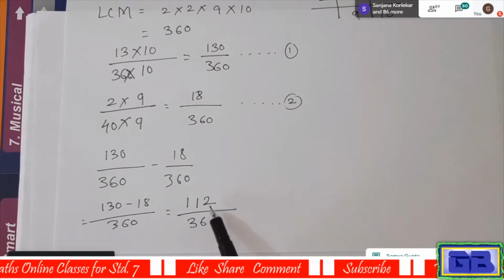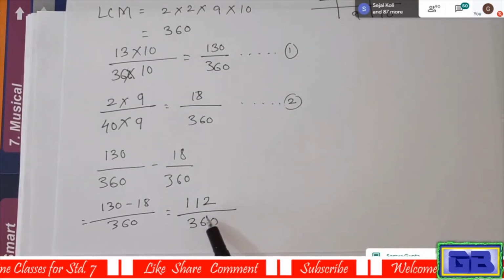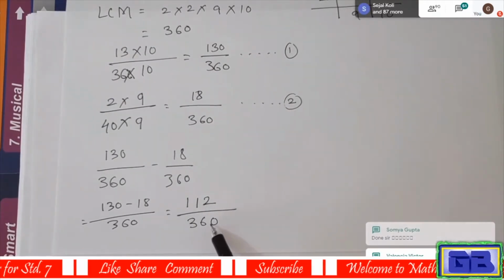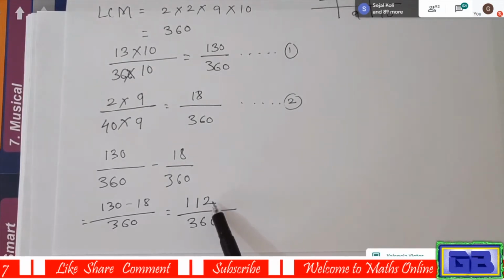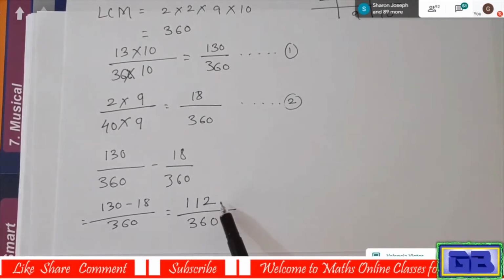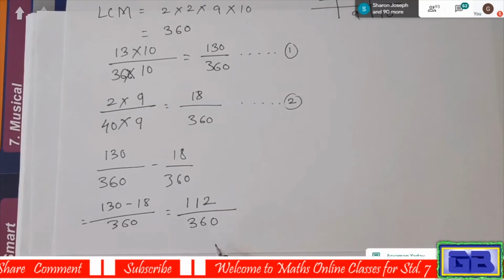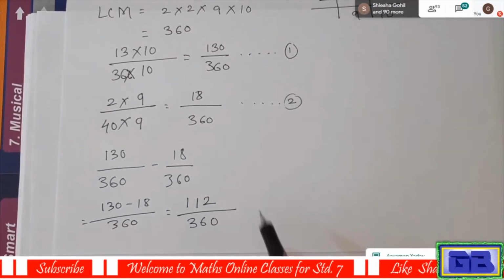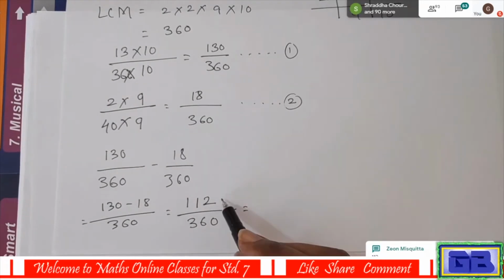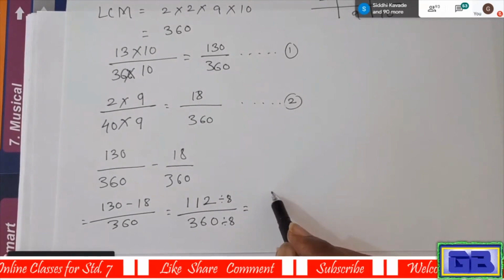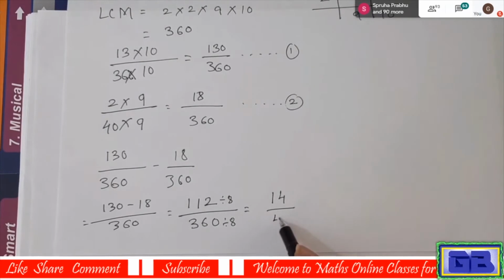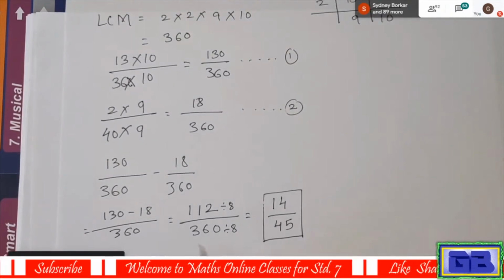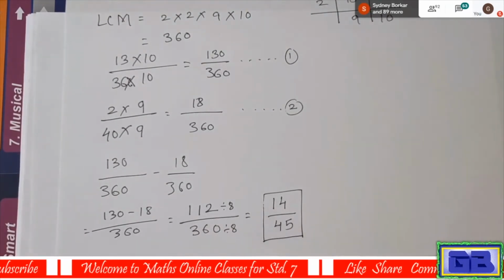If we see both numbers, these are divisible by 2, also divisible by 4 and also divisible by 8. So we will reduce it to the simplest form. When we divide by 8, here we get 14 and here we get 45. This answer is also correct and you can reduce it.